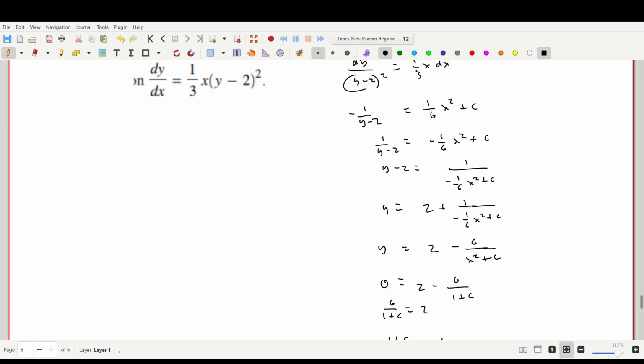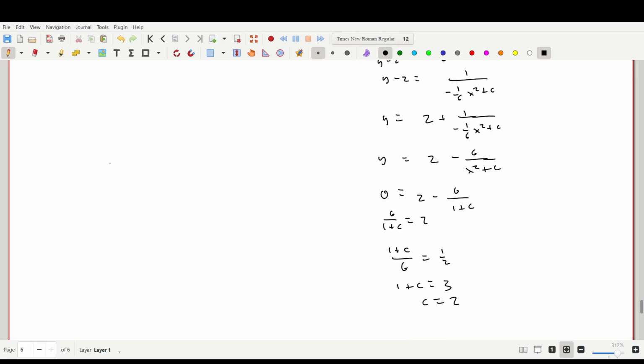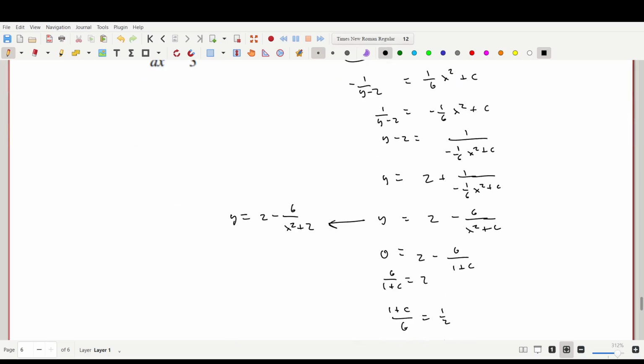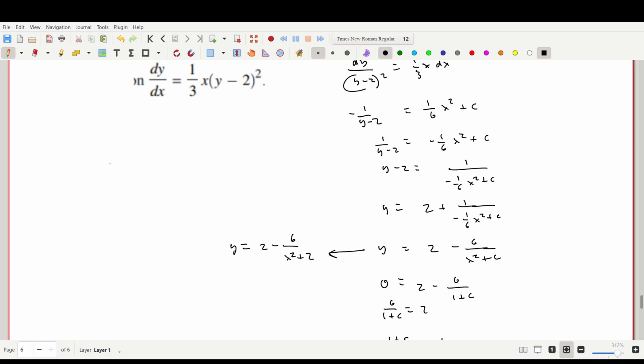So y is 2 minus 6 over x squared plus 2. If I plug in 1, I get 6 over 3. Yeah, it gives me 0. And if I differentiate, I get probably the right thing. So I'm going to call that good.